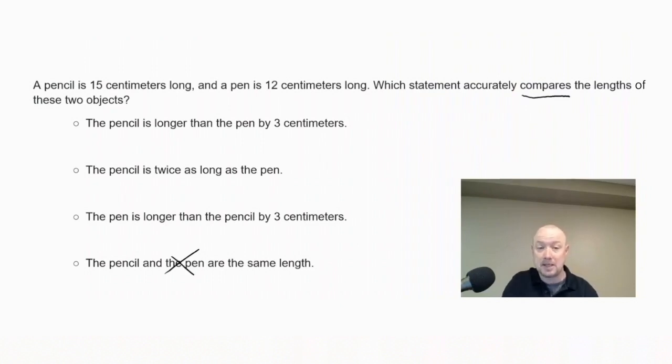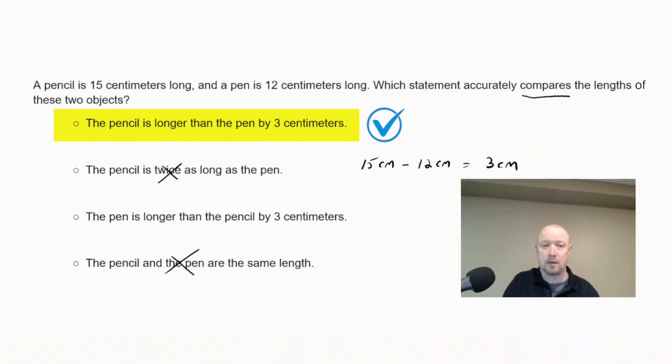We may get into the concept of twice as long, where the pencil would be twice as big as the pen, so the pencil would have to be 24 centimeters, so that choice is incorrect. Then we want to get into the concept of the difference between the two measurements. We take 15 centimeters minus 12 centimeters and get 3 centimeters. So the pencil is longer than the pen by 3 centimeters.